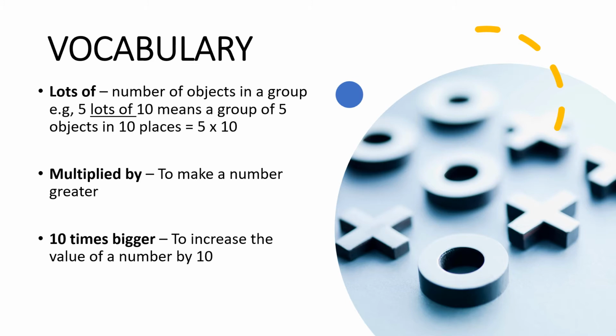It will not be 2 as well, but we are making 5 greater by 2 times. 5 multiplied by 2 is 10. Now 5 has been increased, is now greater. It's now 10. Now "10 times bigger" means we increase the value of a number by 10 times.